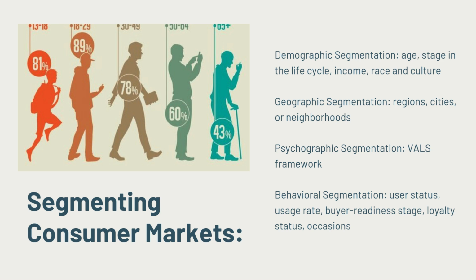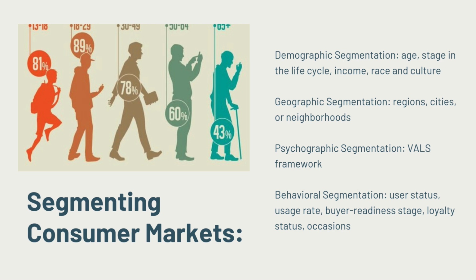Other behavioral factors include buyer readiness stage, which describes how close a customer is to making a purchase. Okay. And additionally, the loyalty status is used to classify consumers based on how committed they are to a particular brand.